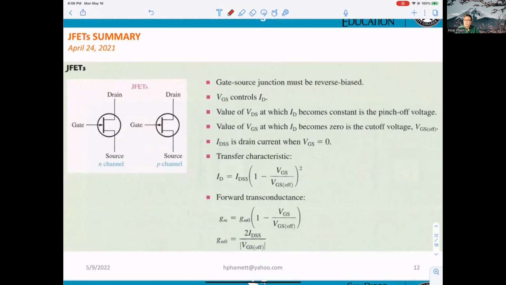That is the maximum current, at VGS shorted, VGS equal 0. And they give you the formula for how to calculate the ID, the gm and gm0.